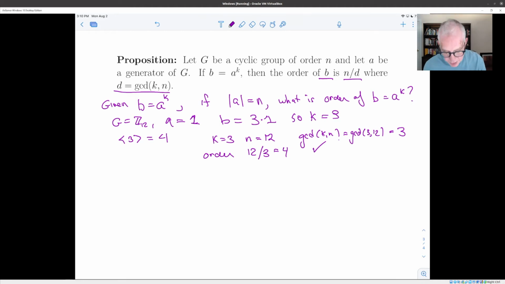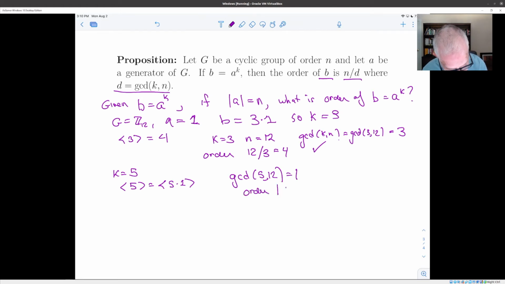And maybe we could look at one other. Remember, we worked out the case where k was 5. So that was the case of the group generated by 5, which is 5 times 1. And in that case, the GCD of 5 and 12 is 1. And so the order of 5 is supposed to be 12 over 1, which is 12.